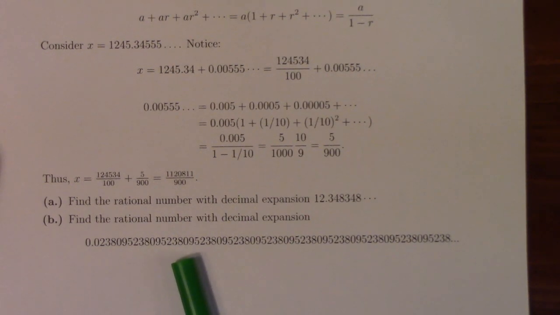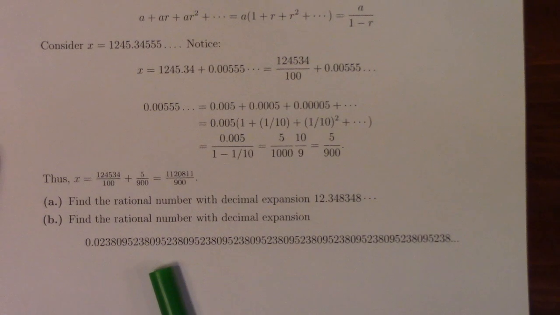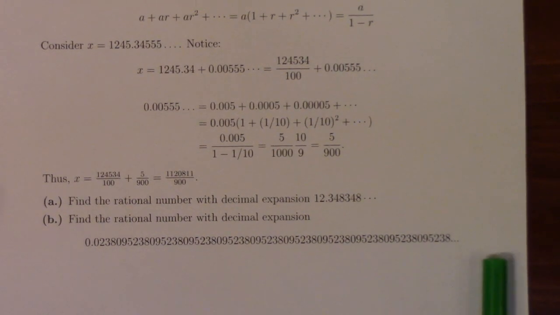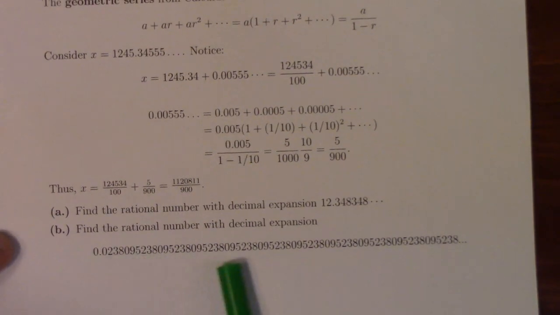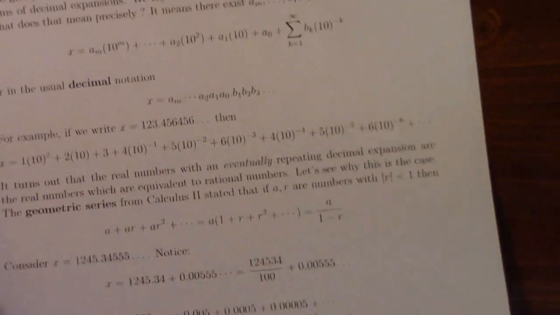Let's see here. 238,095, 238,095. Yeah, so 238,095 is repeating here. I don't think I really need to give you quite that much of it, but thank you, Wolfram Alpha. So, anyway, there's a fun one.